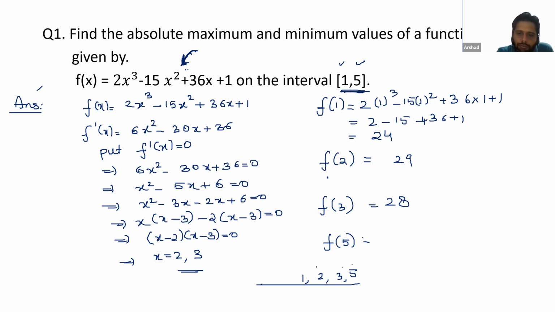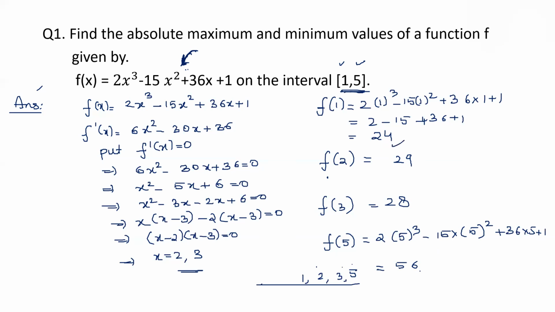So what will you get here: 2 into 5 cube minus 15 into 5 square plus 36 into 5 plus 1. Very good, that is correct. So f(5) you are getting 56. So what's the minimum value here? 24. Very good. So this is a minimum value at x is equal to 1. Then this is a maximum value at x is equal to 5.